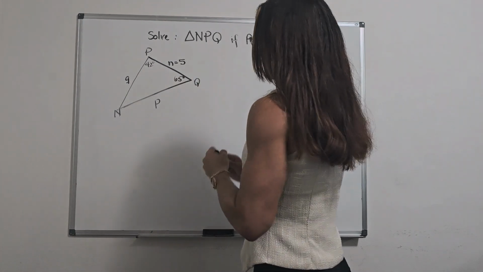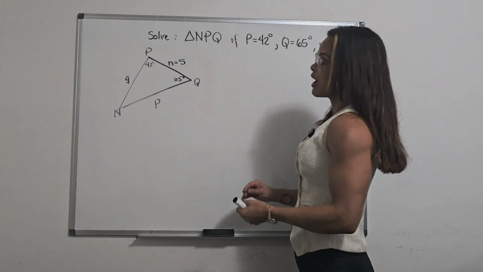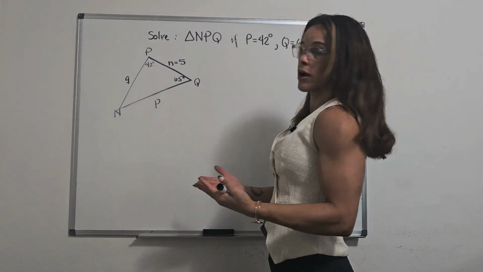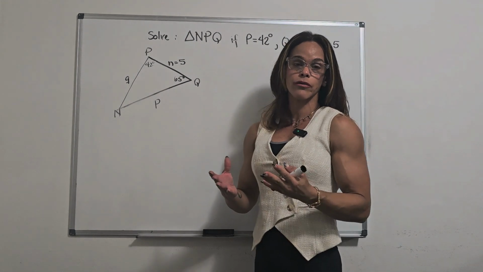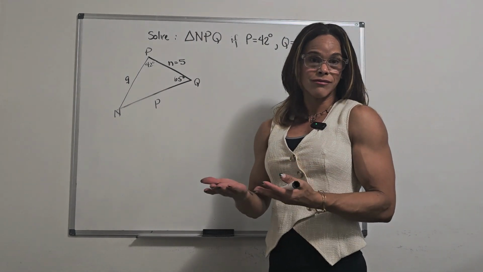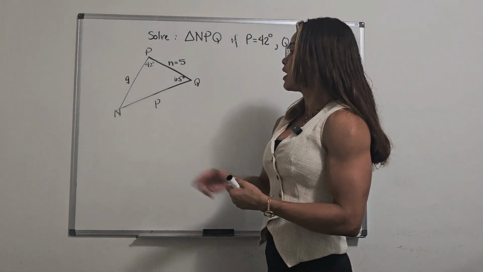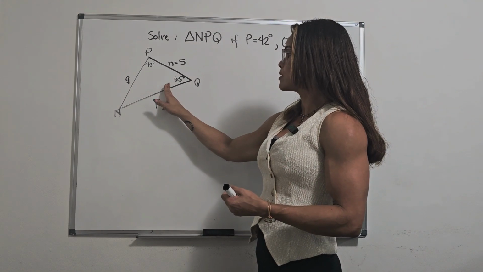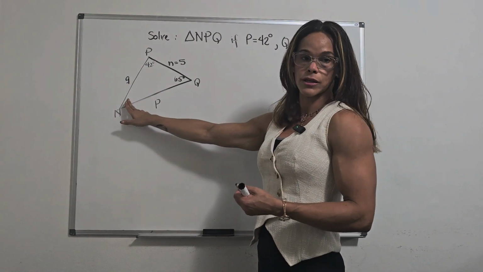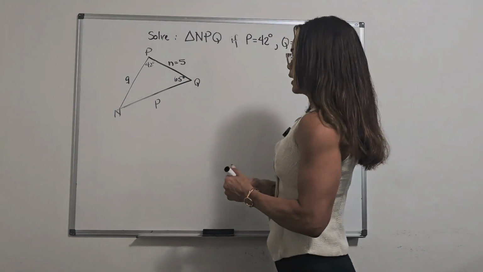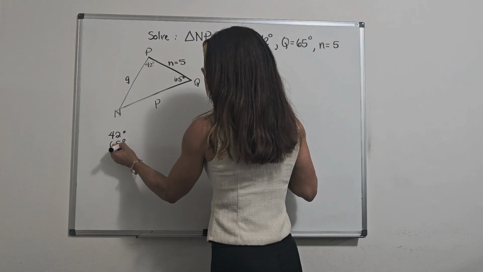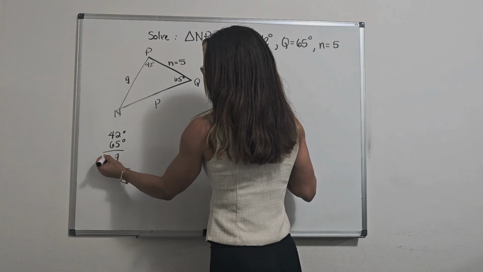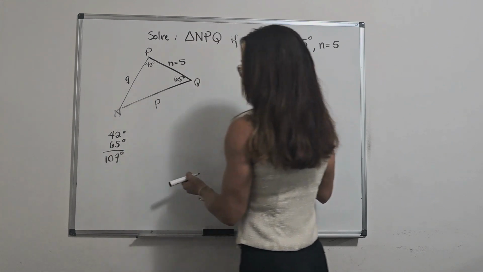This is a case where I have two angles, and we know that the sum of the interior angles of a triangle must be 180 degrees. So I have two of them. Knowing this, I can find the missing angle, in this case, the angle N. We have 42 plus 65, which is 107.